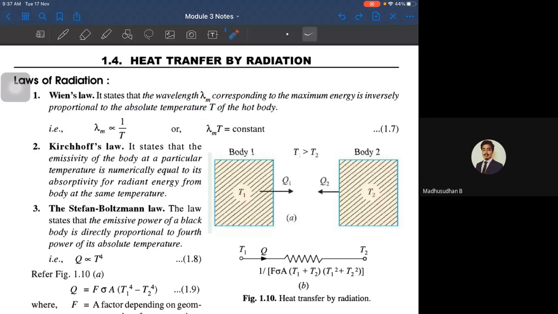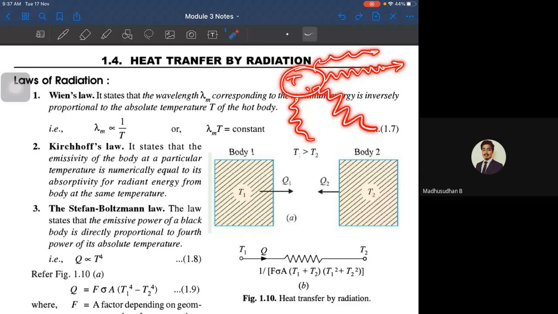So that is a simple law. Lambda m is inversely proportional to the temperature of that particular body. If there is a hot body at a certain temperature, there will be numerous radiations emitted by this body. You have to choose the wave where the maximum energy is being emitted. I take this to be this wave.